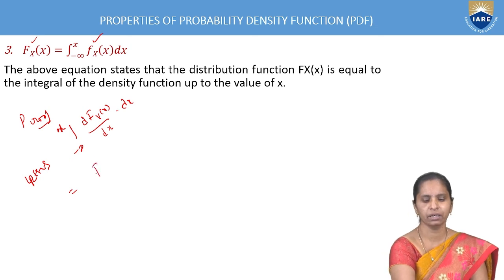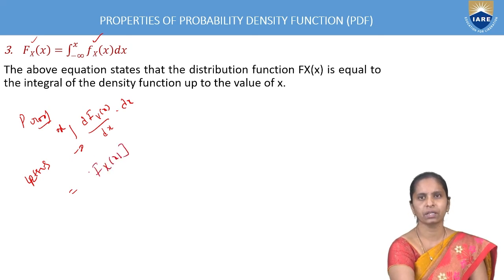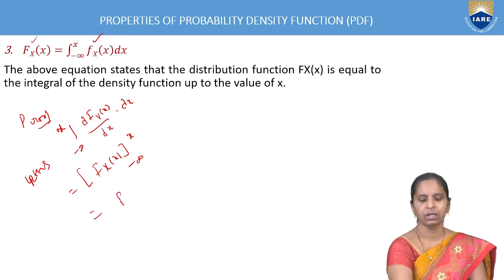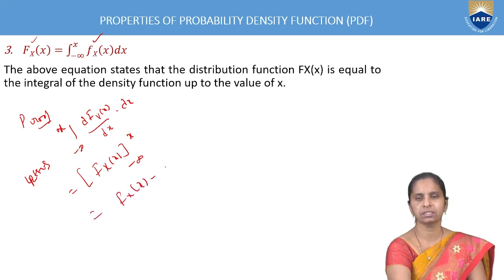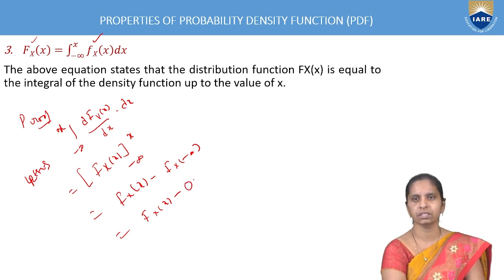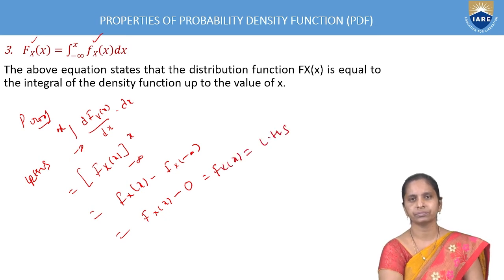Then I am going to get F_X(x), and the lower limit is minus infinity and the upper limit is x. That equals F_X(x) minus F_X(minus infinity). From the properties of the distribution function, F_X(minus infinity) is equal to 0. That equals F_X(x), which is nothing but the LHS.